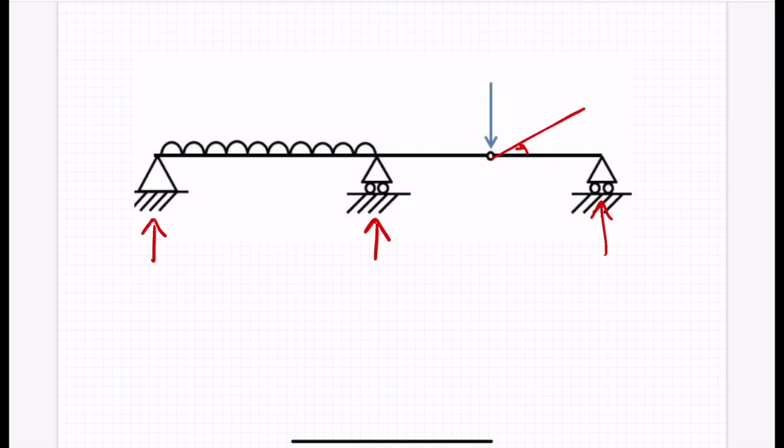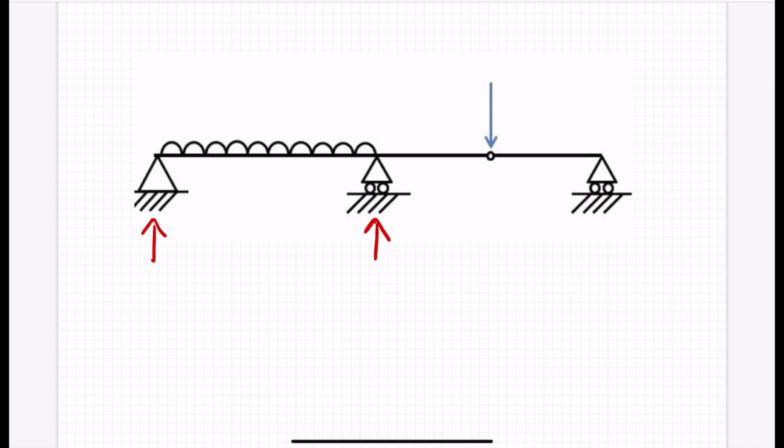The fact is it cannot have a vertical reaction. So it'd be easier to just not draw it. It's a roller support, so there's no horizontal reaction either, which is great.